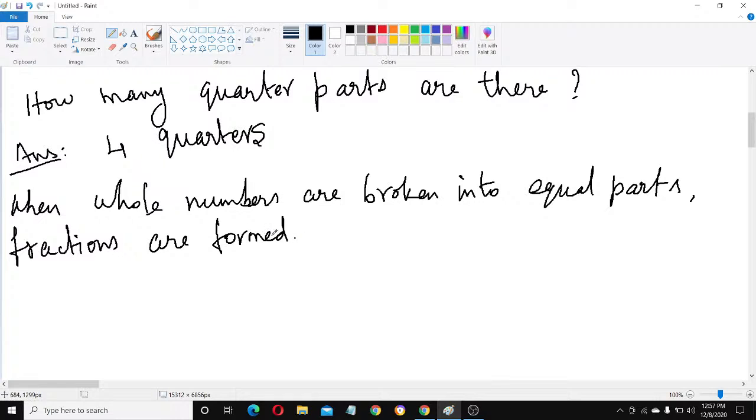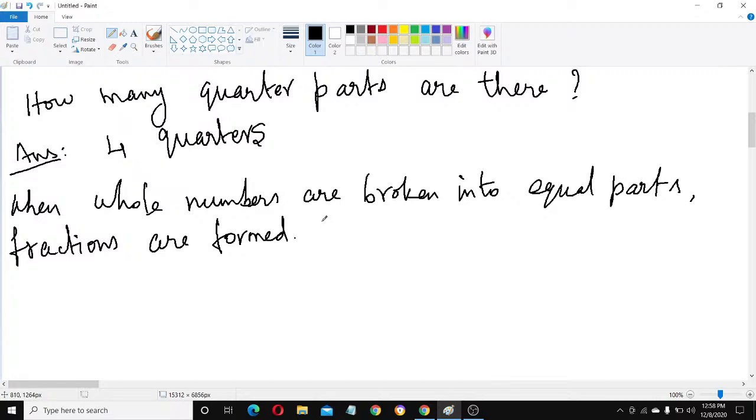Fractions are part of a whole, children. When will you get a fraction? When the whole full figure is broken into equal parts, fractions are formed.